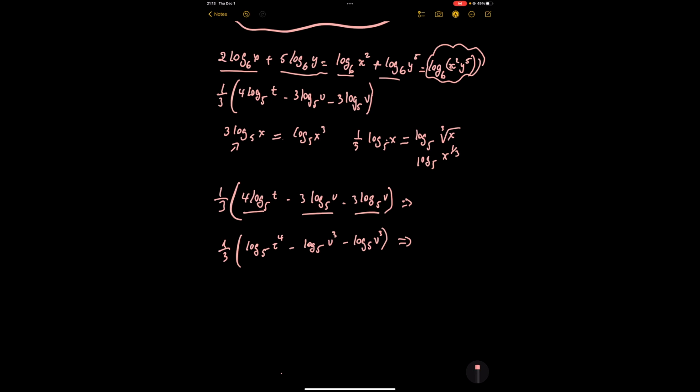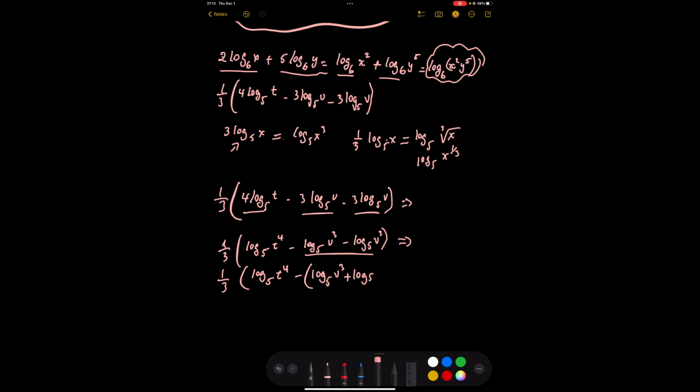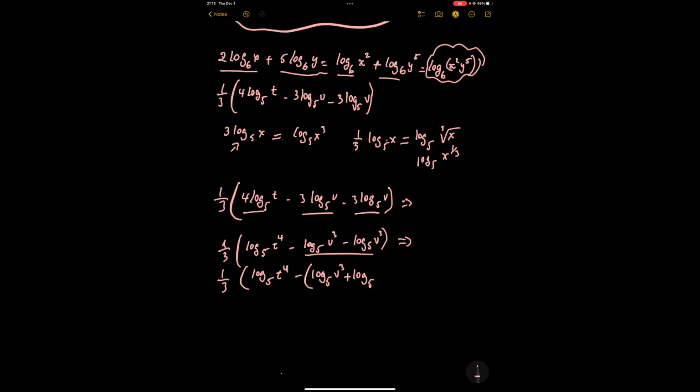I'm going to rewrite this as 1/3 log 5 t to the 4 minus, I'm going to put these two together, log 5 u cubed plus log 5 v cubed.